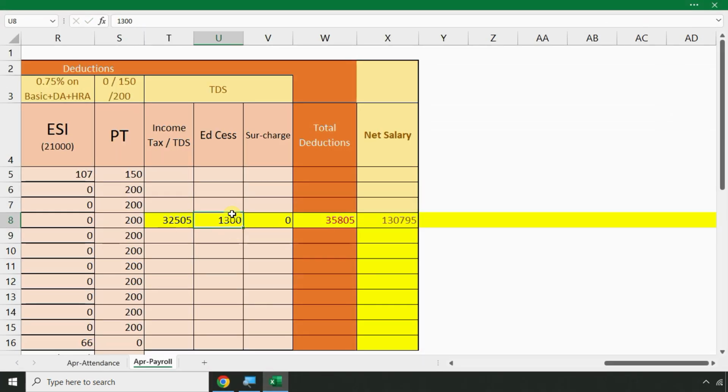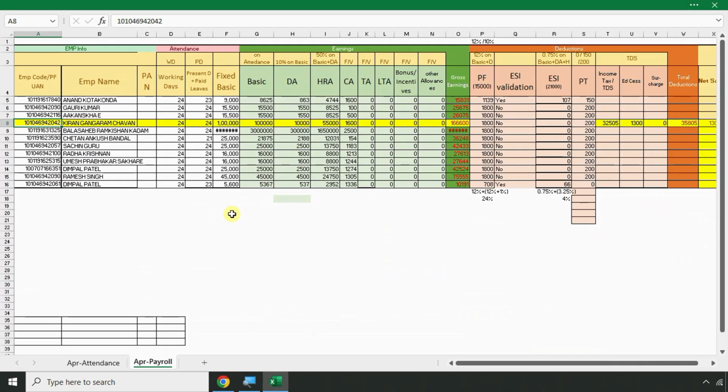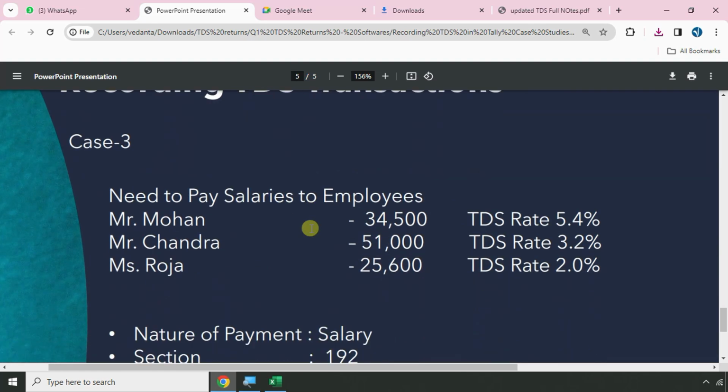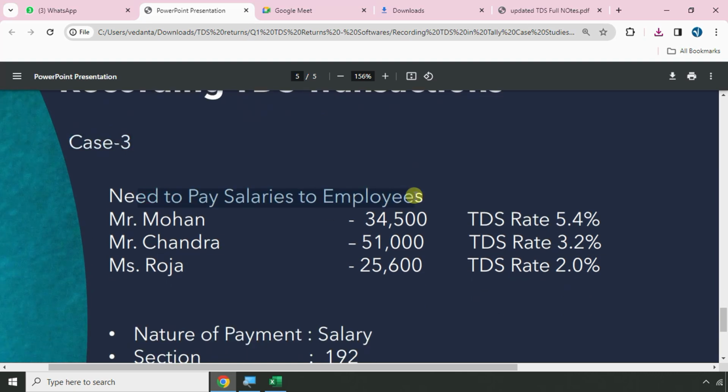This salary also belongs to same SS Enterprises, so same company. So here case 3 we have completed now. What is case 3? TDS on salary. That's what I completed this.